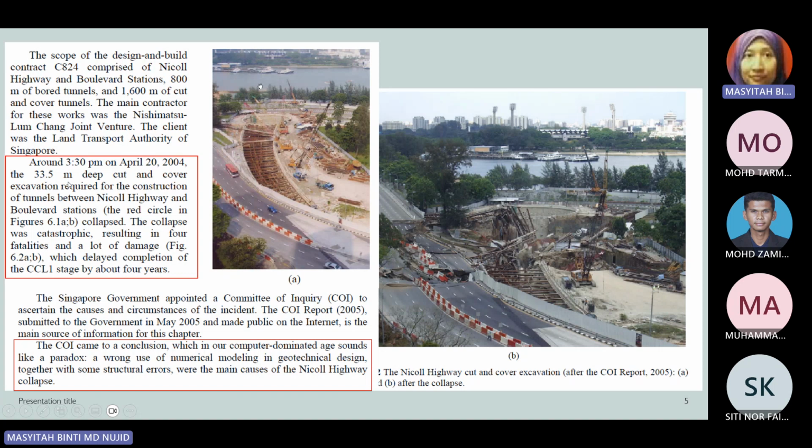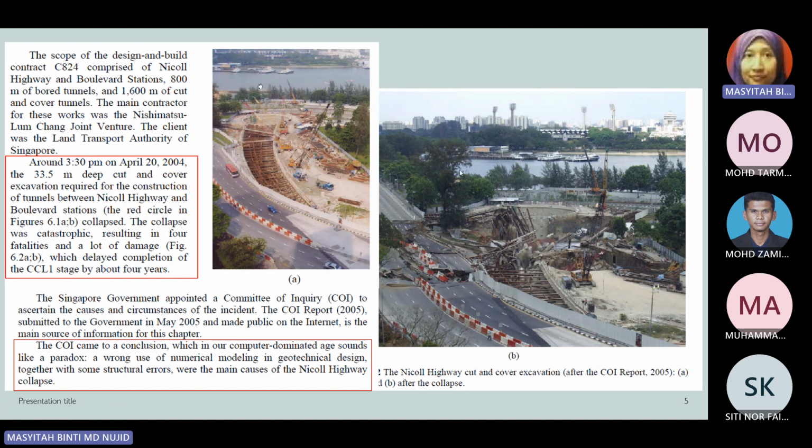The 33.5 meter deep cut and cover excavation required for the construction of the tunnel between Nicoll Highway and Boulevard stations, the red circle in figure 6.1a, collapsed. The collapse was catastrophic, resulting in 4 fatalities and a lot of damage, which delayed the completion of the CCL1 stage by about 4 years.